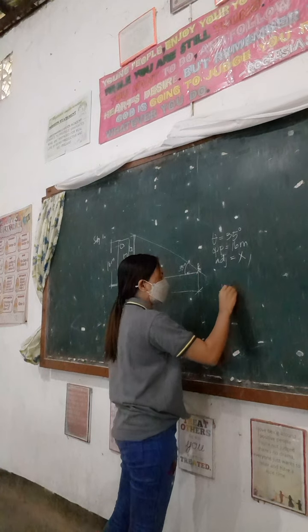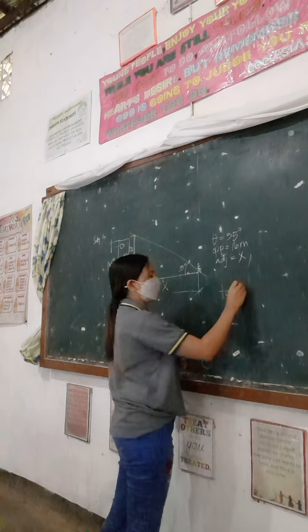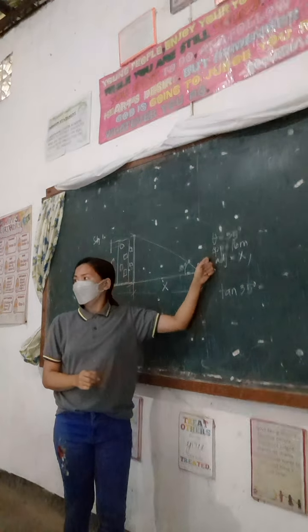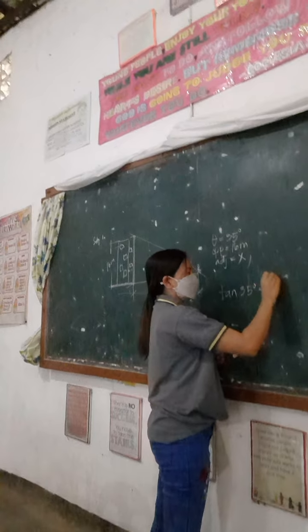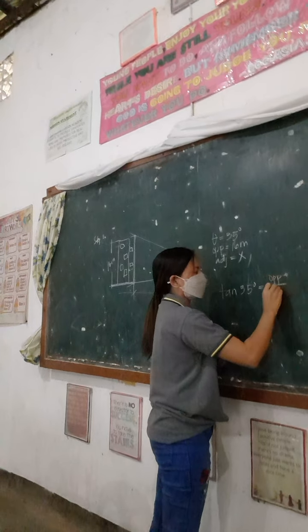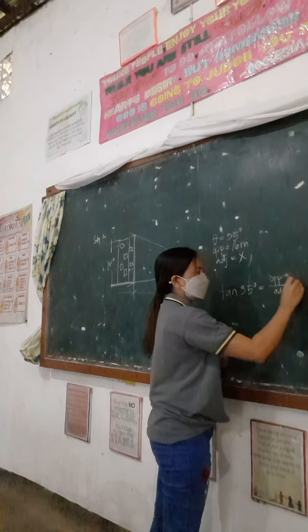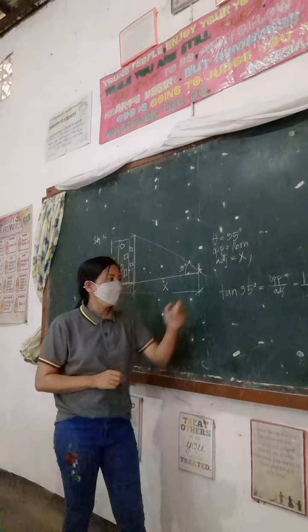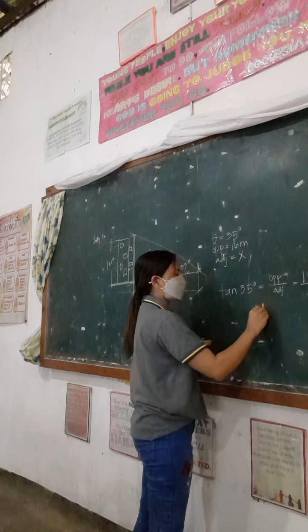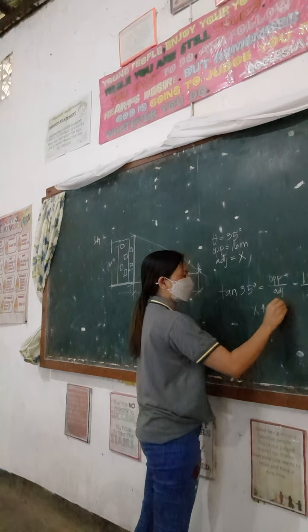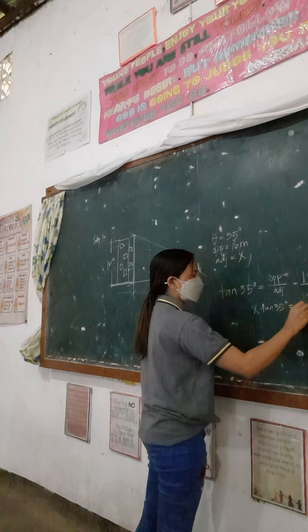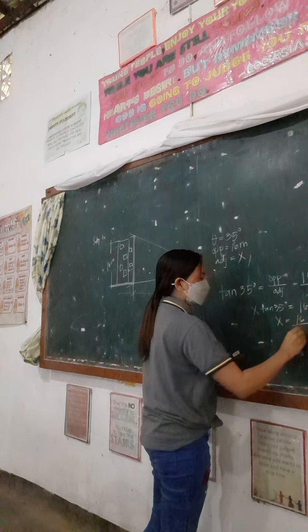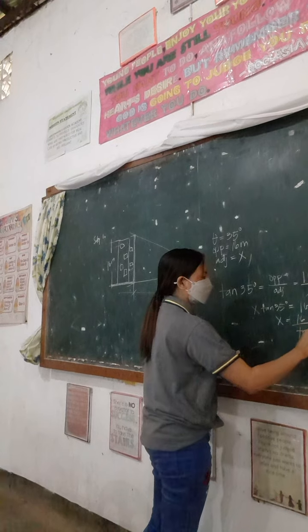So we have tangent theta, which is tangent 35 degrees, equal to 16 over x, because tangent, again, is opposite over adjacent. Now we have x tangent 35 equals 16. So x is equal to 16 divided by tangent 35 degrees.